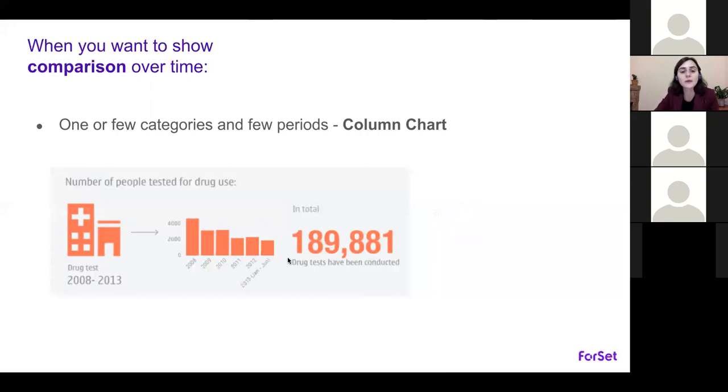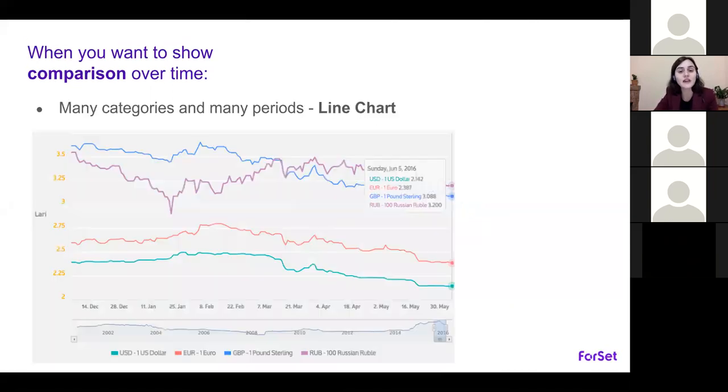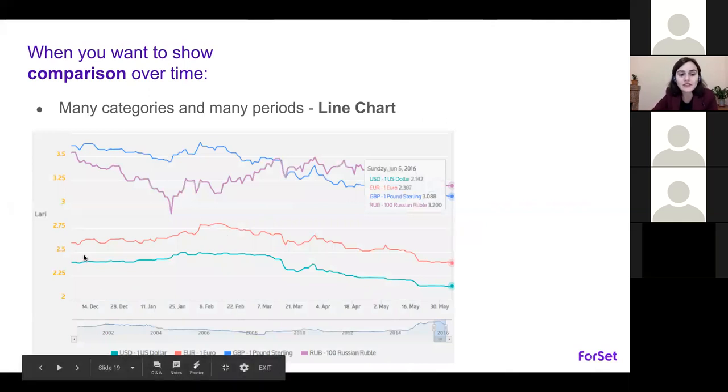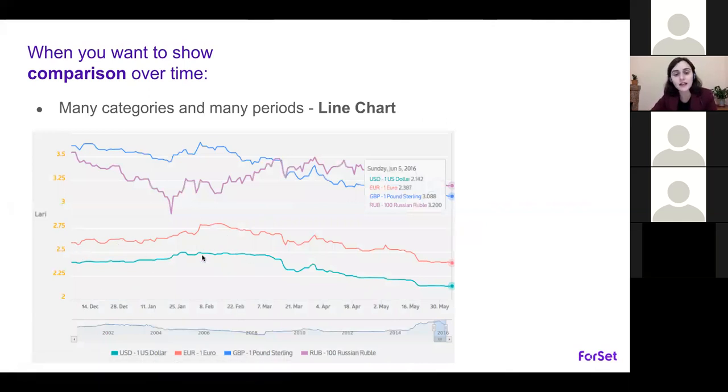However, sometimes when we want to do comparison over time, we have many periods and many categories, like in this case. As you see, there are line charts which are composed of daily data points. This is the currency exchange rates for different currencies.